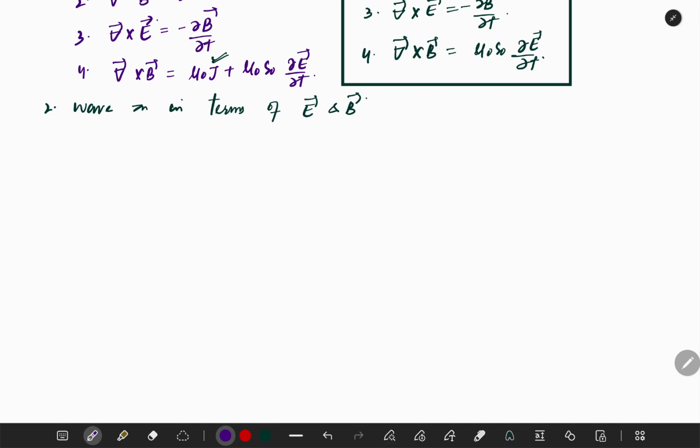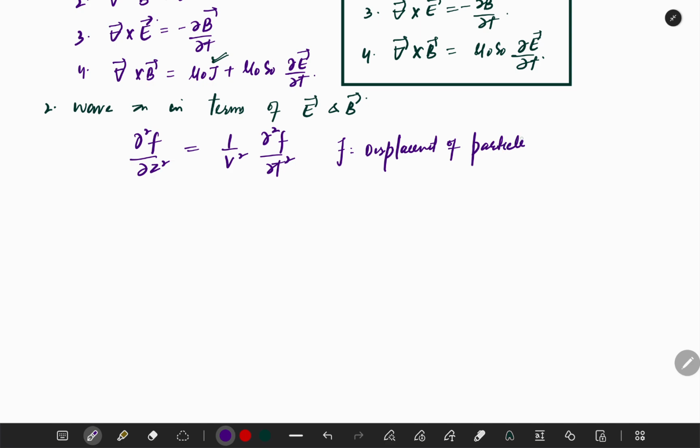Okay, so first thing is that we know the general wave equation of a classical wave. If we write the classical wave equation, it is del square f by dou z square equals 1 over v square dou square f by dou t square. So f, in the classical case, is actually the displacement of a particle of the string.